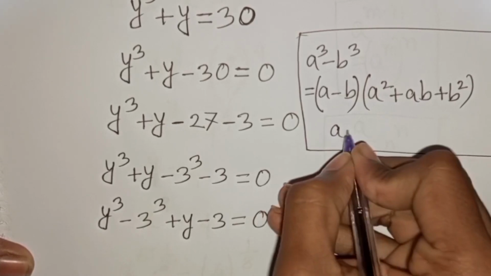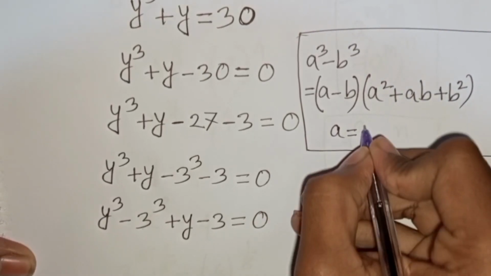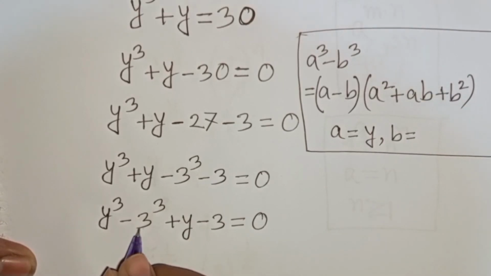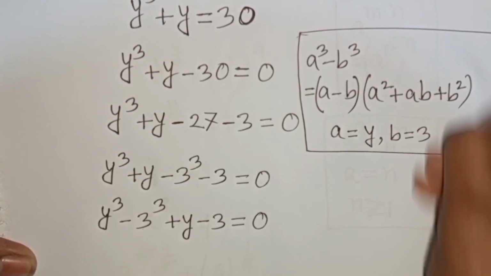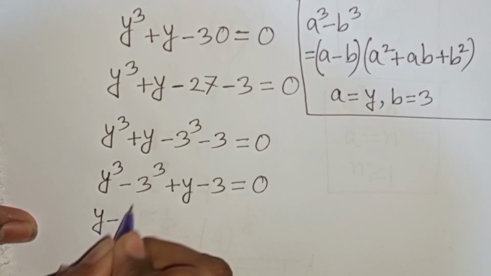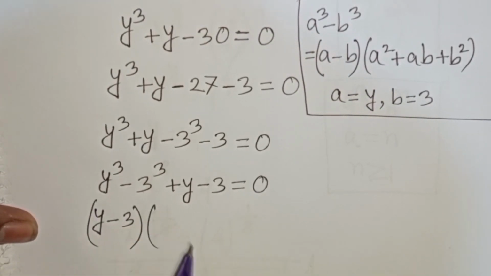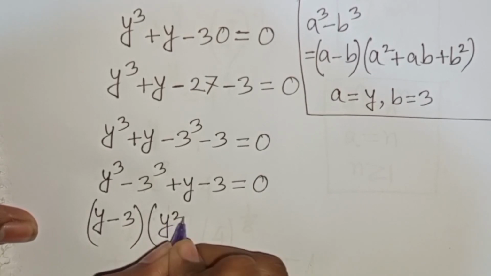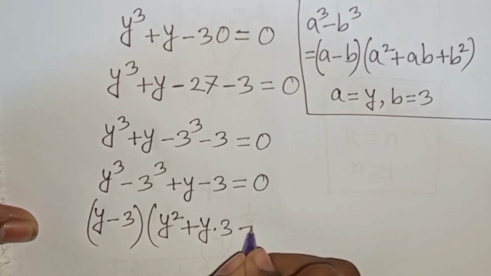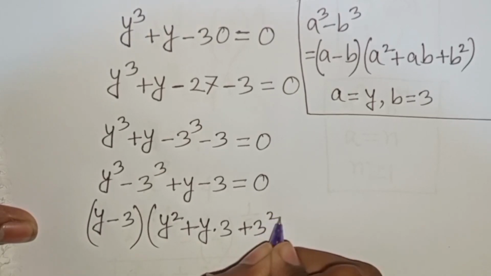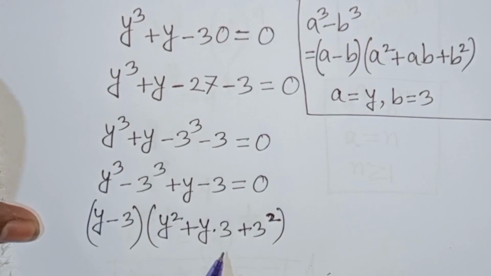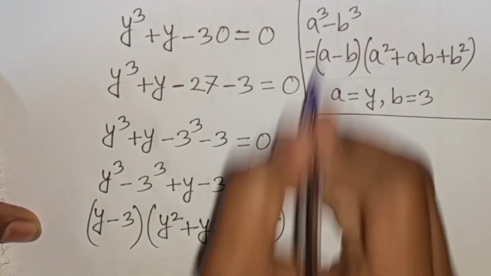Here a will be equal to y, and b will be equal to 3. So I can write here y minus 3 times y square plus y times 3 plus 3 square. That means this is the formula of a cube minus b cube.